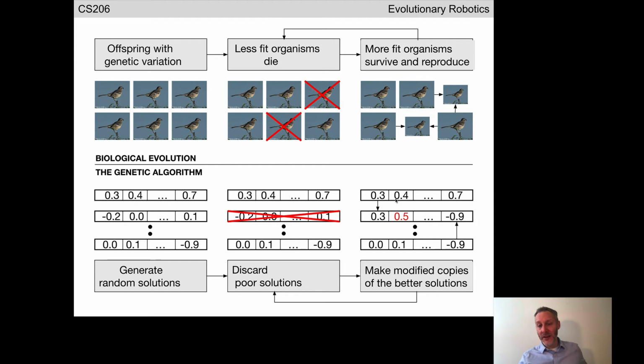The surviving vectors here, the computer makes randomly modified copies of them, and those randomly modified copies replace the data structures that were deleted. In this cartoon example, you can see that this particular solution survived. We're making a copy of it, and as we go, we're copying over the values, and from time to time we make a slight mistake. What mechanism of biological evolution are we simulating at this point in the genetic algorithm?